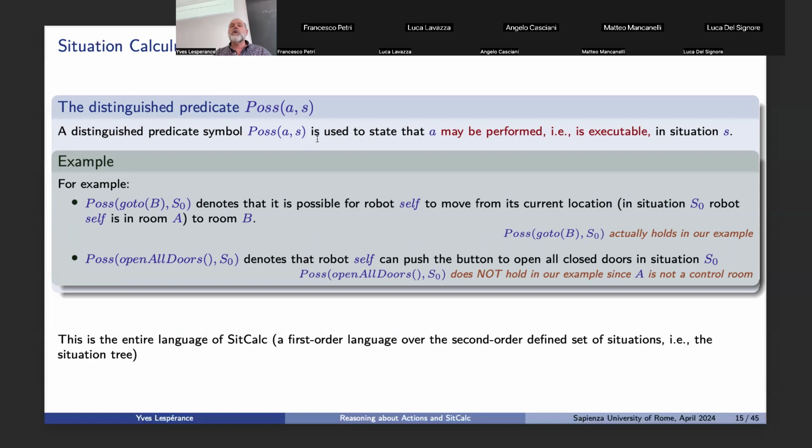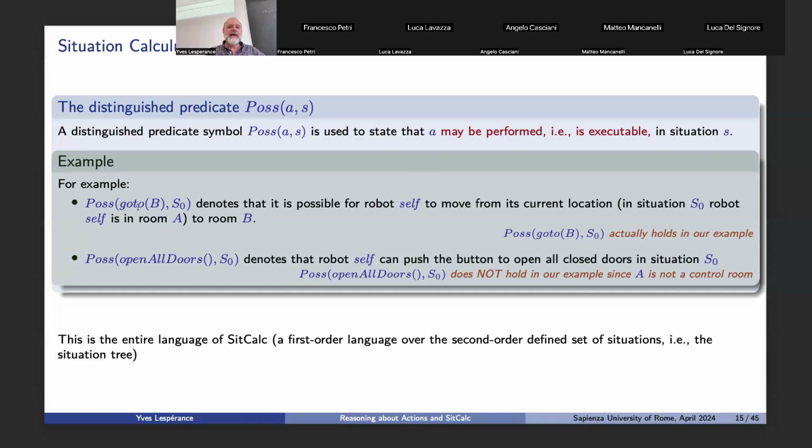So we saw in our informal overview that the actions going to and open all doors are only possible under certain conditions. So we can express these conditions using Poss in the situation calculus.